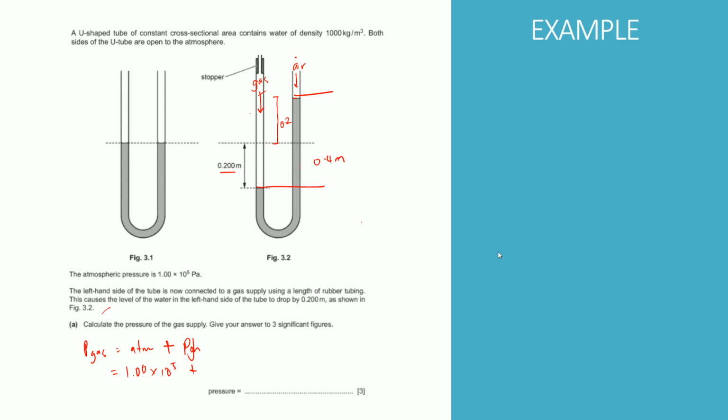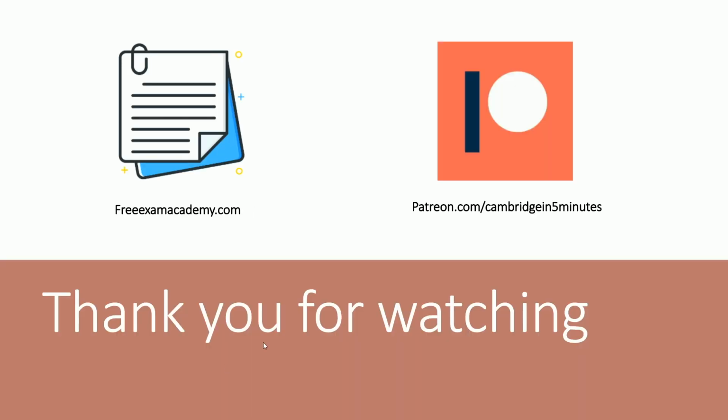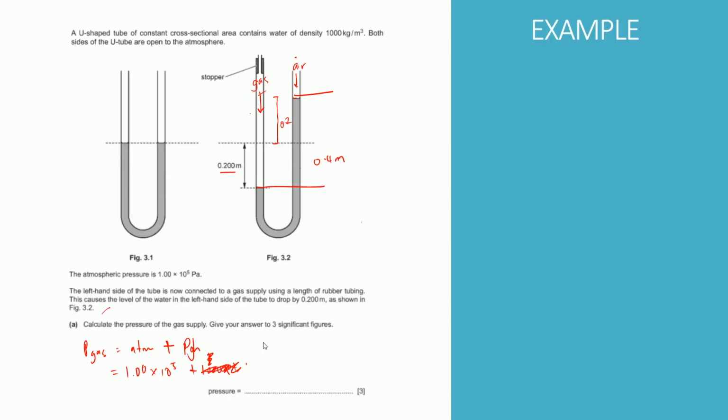You add that to rho, which is 1000, multiplied by gravity, and then multiply that by the height, which is 0.4.